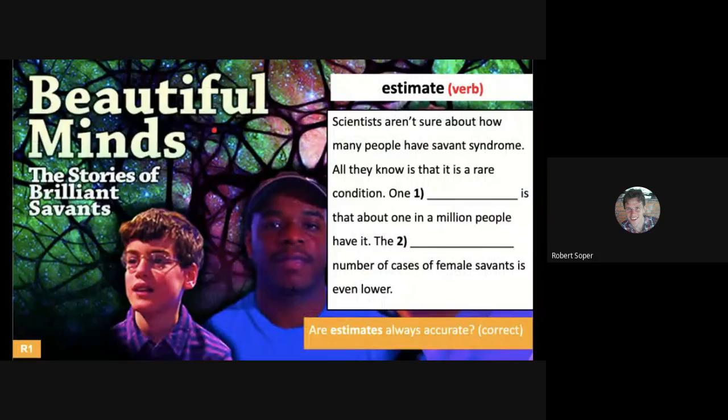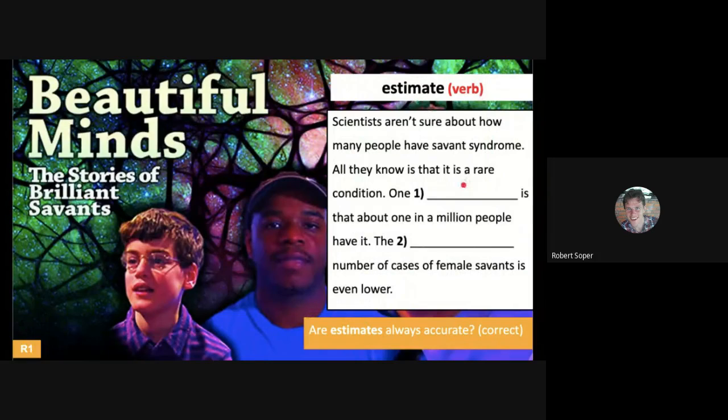Okay. So by now you should know what to do because we've gone over this quite a few times. So I'm going to leave you here with the verb estimate. You're going to have to think of the different forms of this word, like the noun and the adjective, or potentially the adverb.